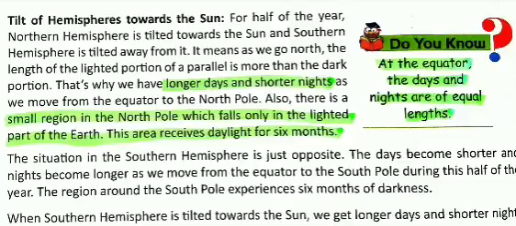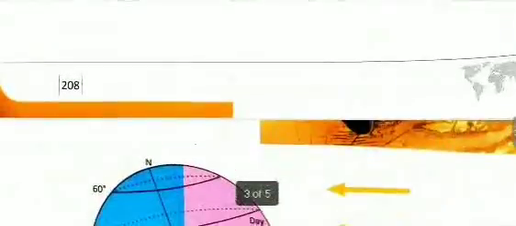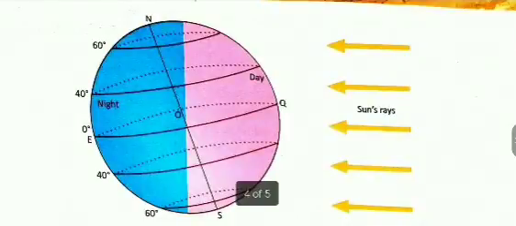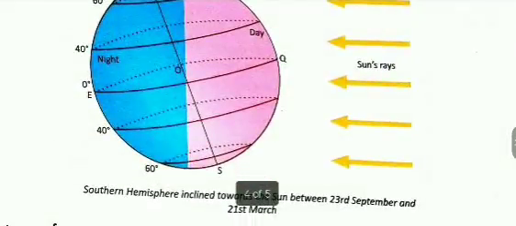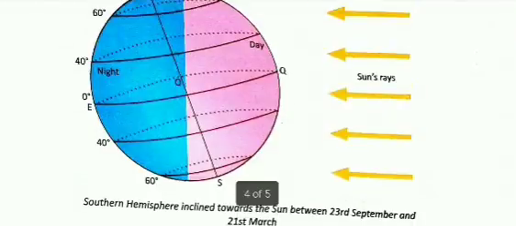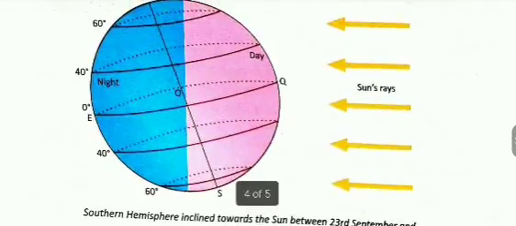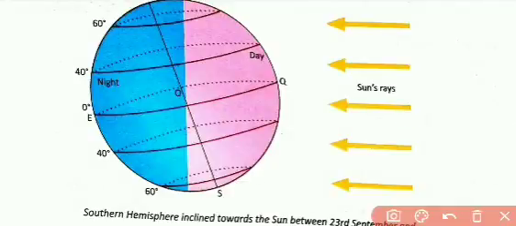Okay, children, over here there is a picture of a globe with the sun's rays. It shows that the southern hemisphere is tilted towards the sun. That is why the southern hemisphere is lighted. This portion is lighted, whereas the northern portion is not lighted.